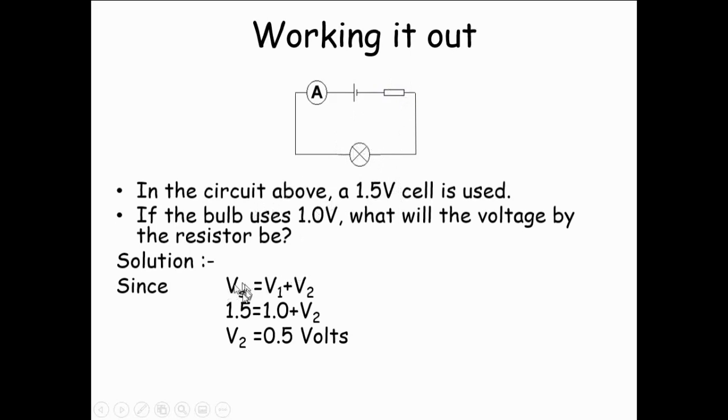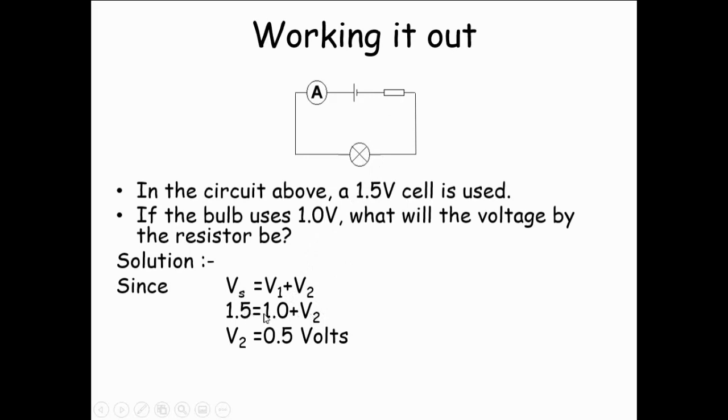So here's how you write it all out. Vs, the supply voltage, is equal to the voltage across the first component plus the voltage across the second component, whatever they are. The supply voltage we've told you is 1.5. The first voltage that we know about is the bulb's voltage, which is 1.0. The second voltage across the resistor we do not know, and we need to work it out.